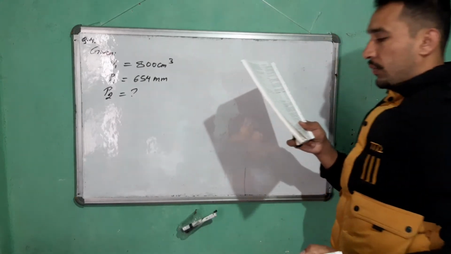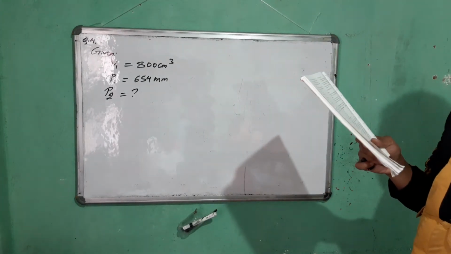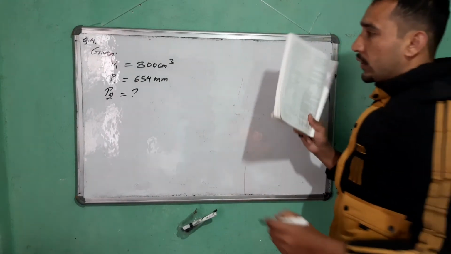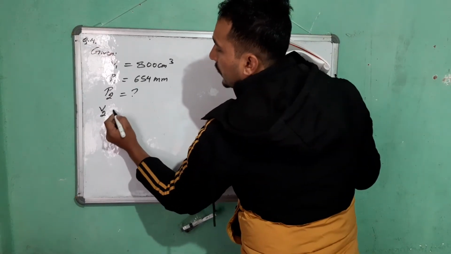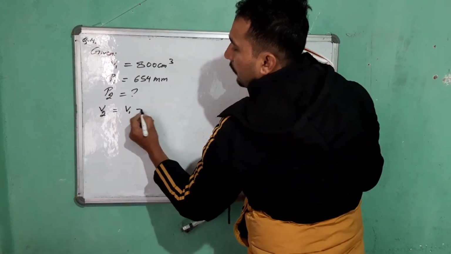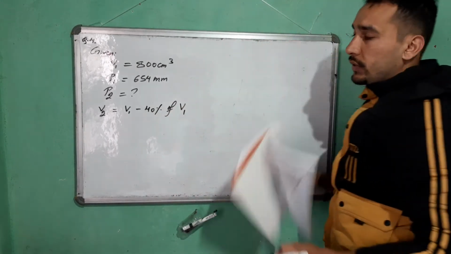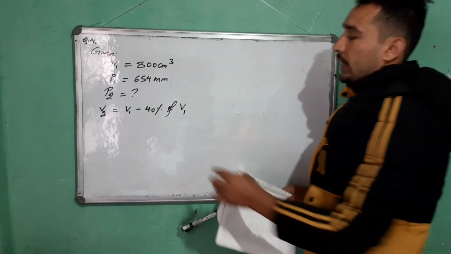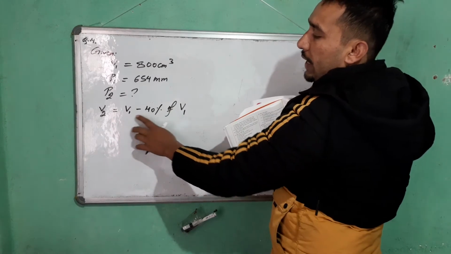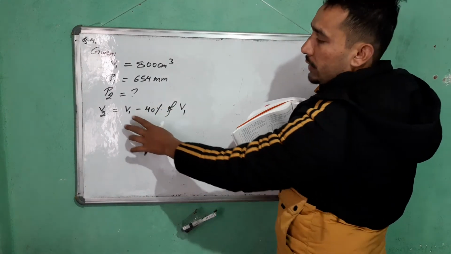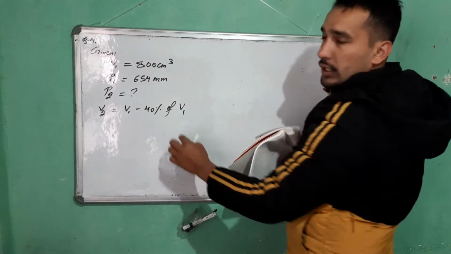V2 is the original volume V1 minus 40% of V1. Reduce means you have to subtract. V2 will be V1 minus 40% of V1.